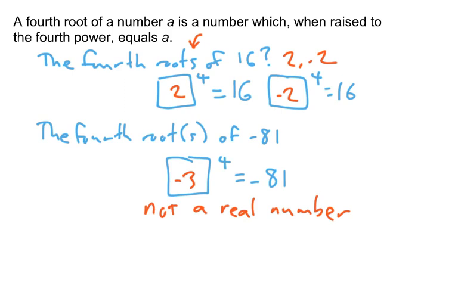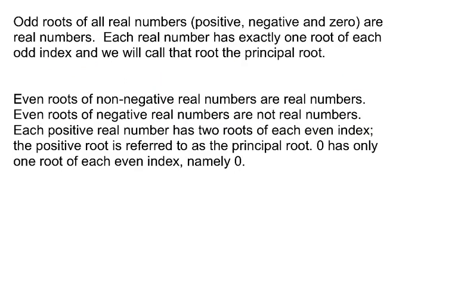Let's look at some summary facts here. The bottom line is going to depend on whether the index, the type of the root, is odd or even. So let's summarize. Odd roots of all real numbers, whether those numbers are positive, negative, or zero, are always real numbers.